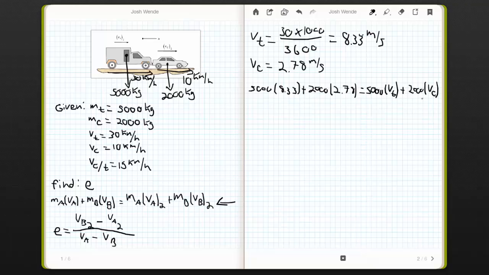So that's two things we don't know in one equation, which means we need to use a second equation to solve for the velocity of the car.